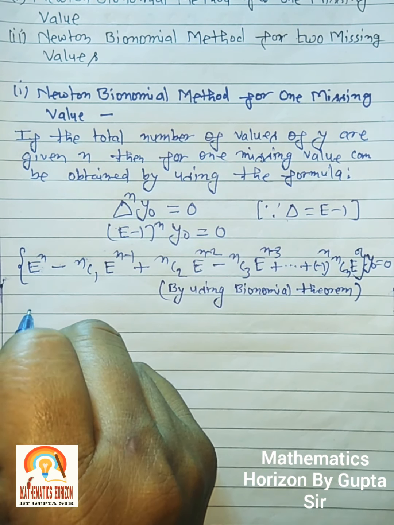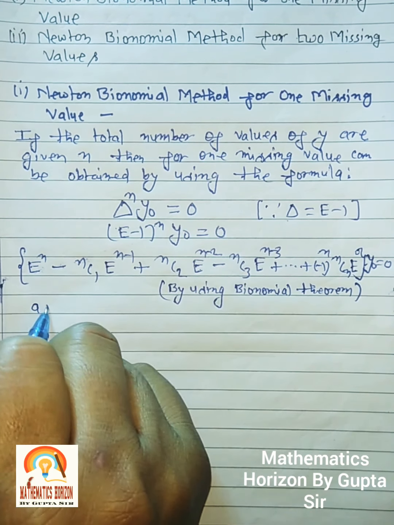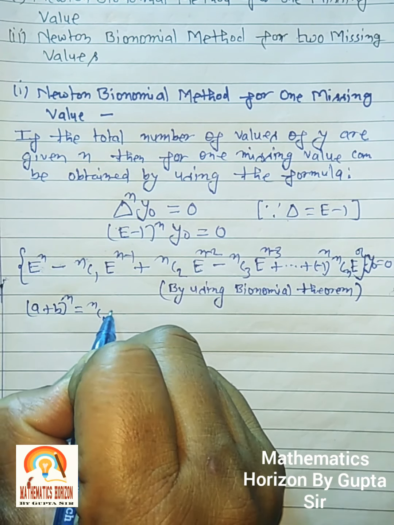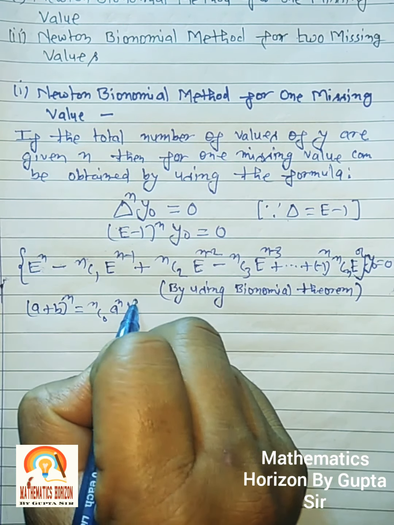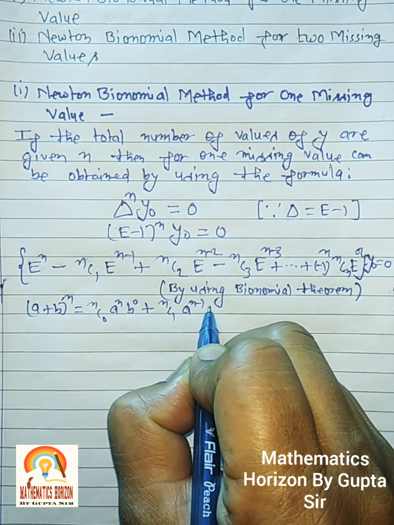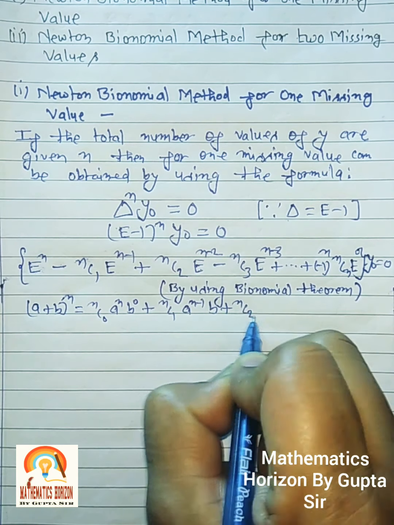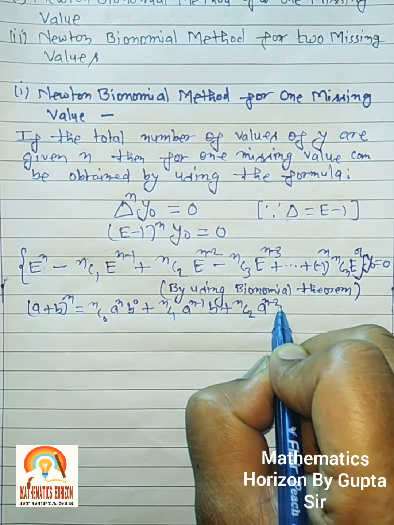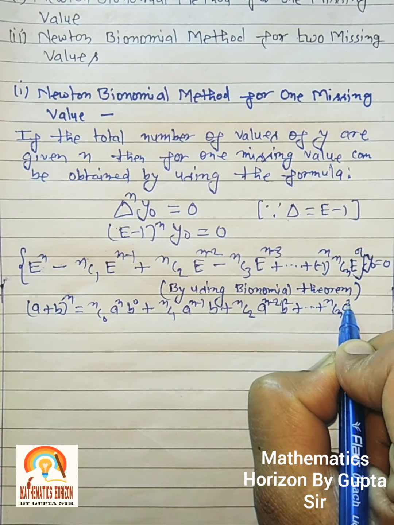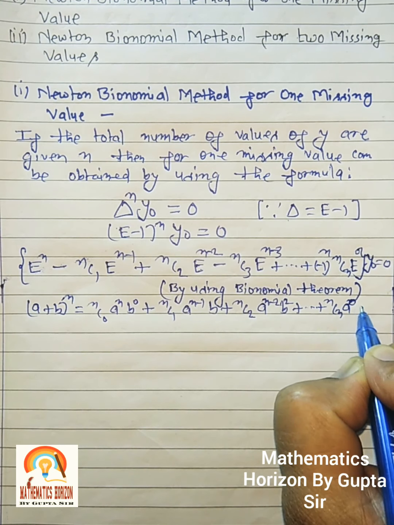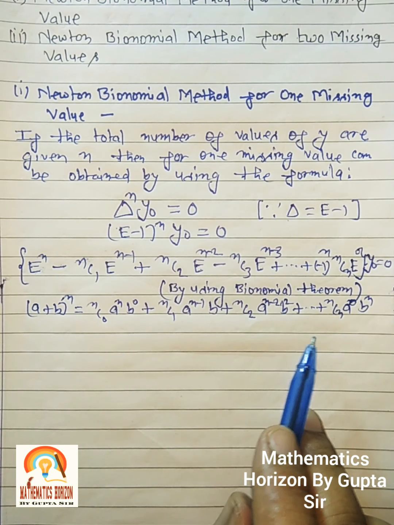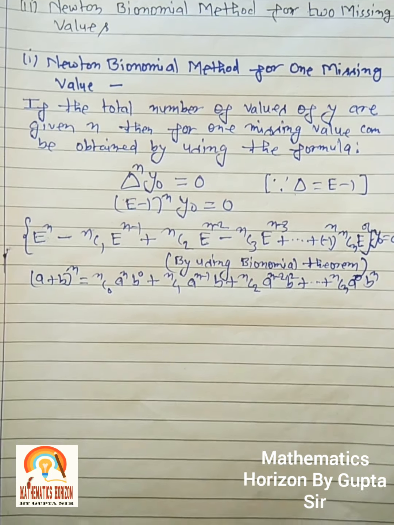Suppose we have this term (a plus b) to the power n. This is equal to nC0 a to the power n b to the power 0 plus nC1 a to the power n minus 1 b plus nC2 a to the power n minus 2 b square and so on, plus nCn a to the power 0 and b to the power n. With the help of this theorem we expand this function.